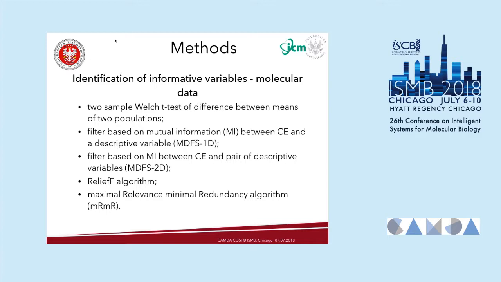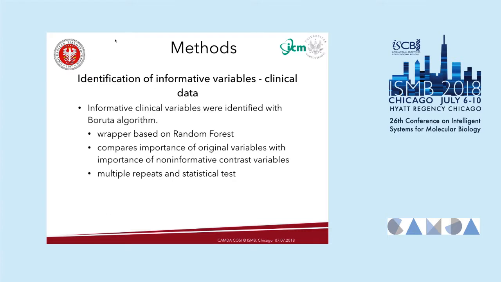5 methods. T-tests, 2 methods based on mutual information, 1-dimensional and 2-dimensional, that includes also information on interactions between variables, and in addition, the ReliefF algorithm and the maximal relevance, minimal redundancy algorithm. Then we do identification of informative variables in clinical data.